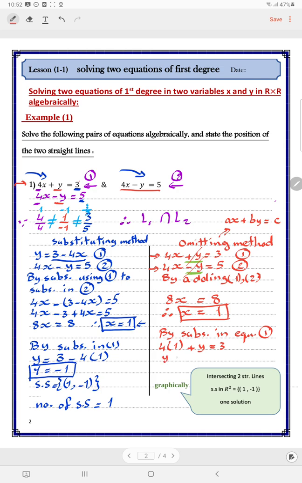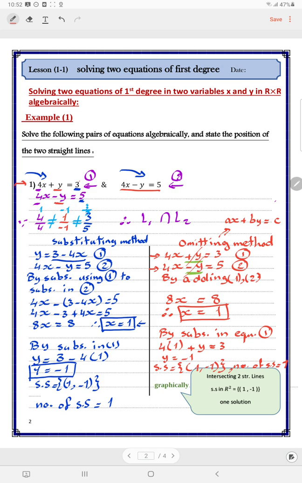So y equals 3 minus 4 equals negative 1. So the solution set here equals the ordered pair (4, negative 1), and the number of solutions equals 1. Now compare between the answers.